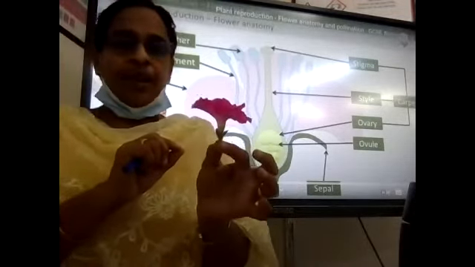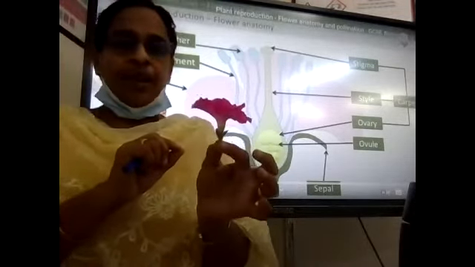In addition to that, it has nectary glands also. Nectary glands secrete nectar, honey. You know, bees come visiting flowers to get the honey. So these two things, the nectar and the attractive color, are to invite the bees, which helps in sexual reproduction.